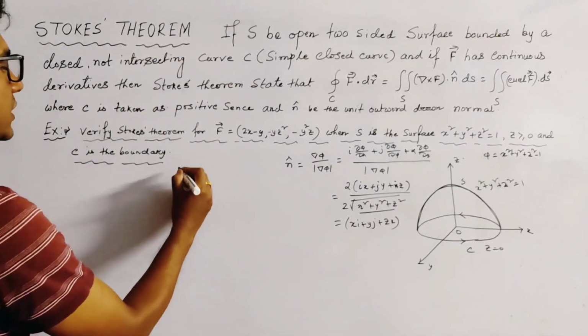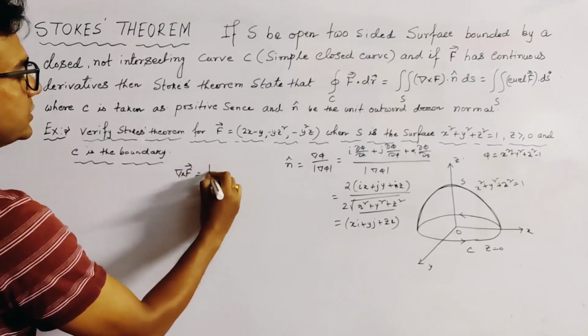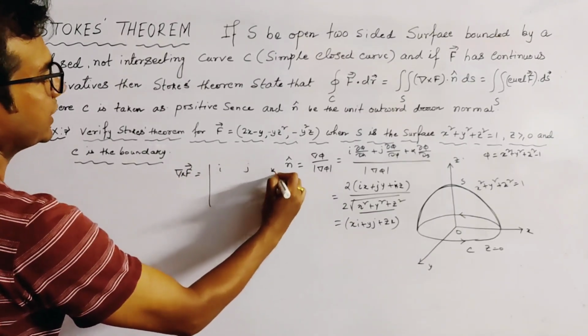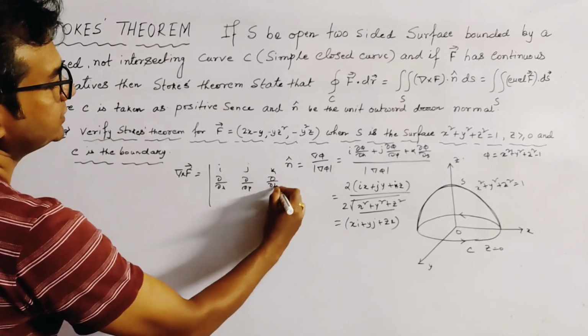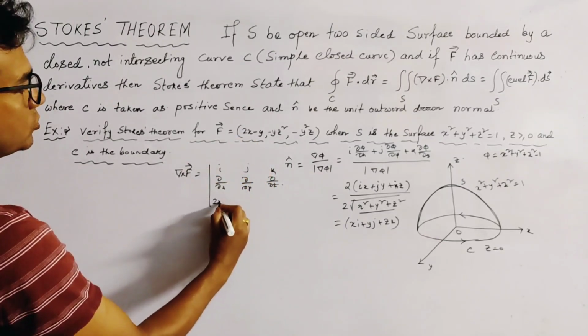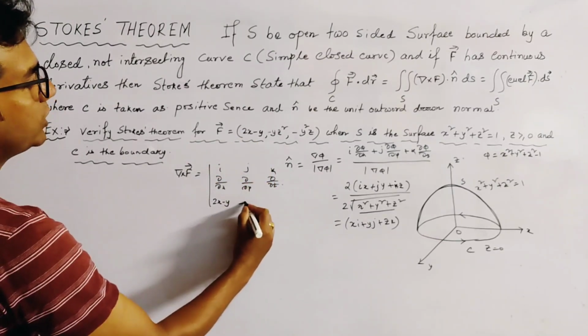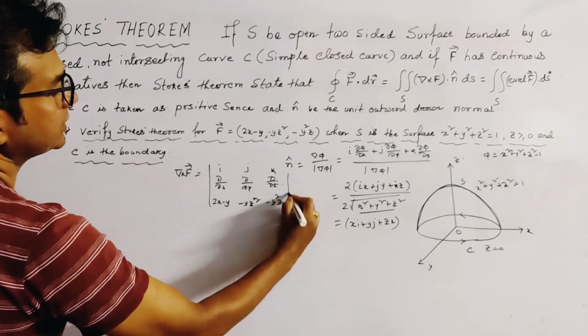Now we find curl F. Curl F is given by the determinant of i, j, k, del x, del y, del z, and the first component is 2x minus y, the second component is minus yz squared and the third is minus y squared z.